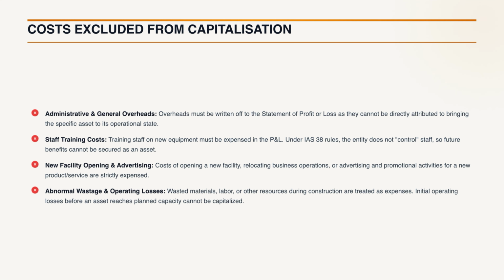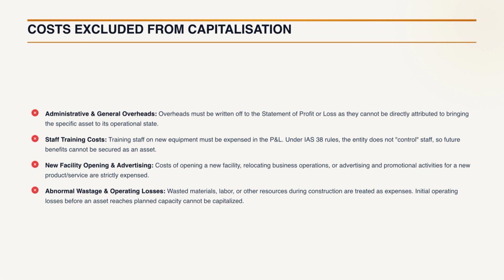Now, let's talk about what you are absolutely forbidden from capitalizing. The examiner loves to throw these into a list to trick you. First, administrative and general overheads must be expensed as incurred. They are not directly attributable to the specific asset. Second, staff training costs. Even though you are training staff to use the new machinery, you must write this off to P&L.